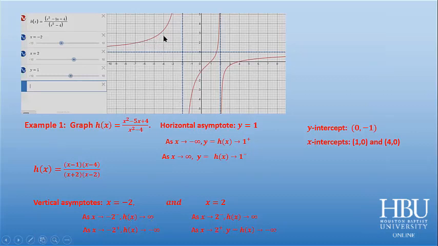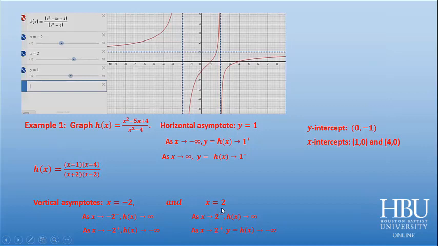As x gets closer and closer to -2 from the left, the function is going up toward positive infinity. As x approaches -2 from the right, the function is getting closer to minus infinity, going toward minus infinity.